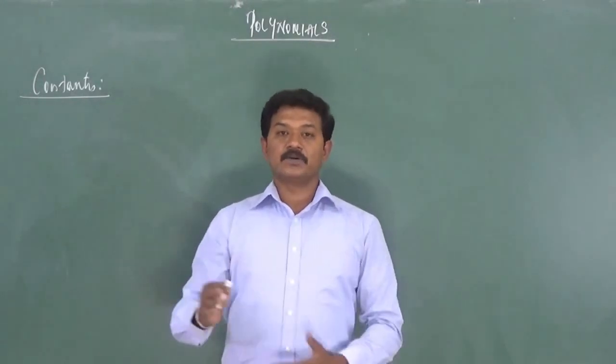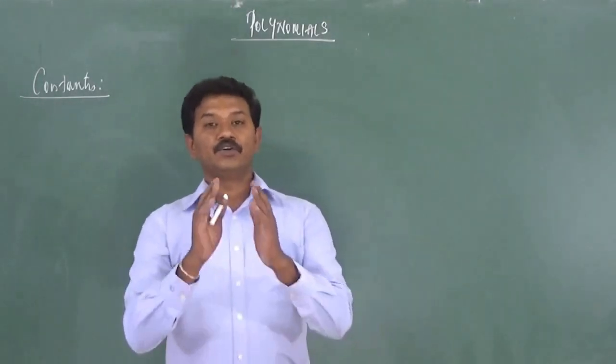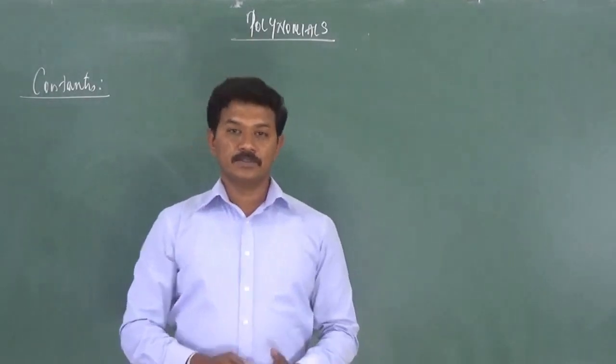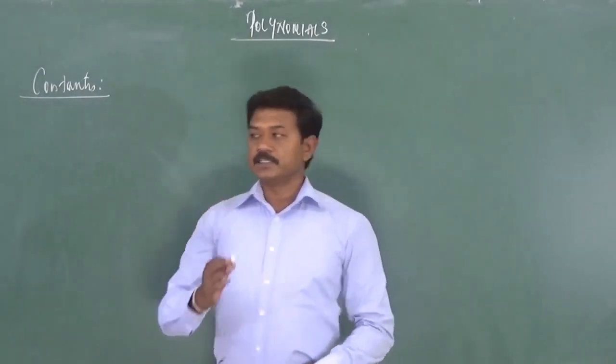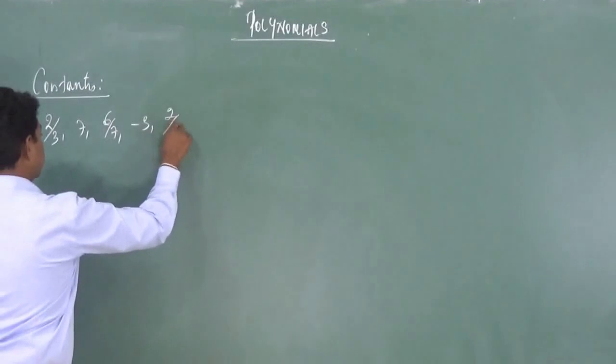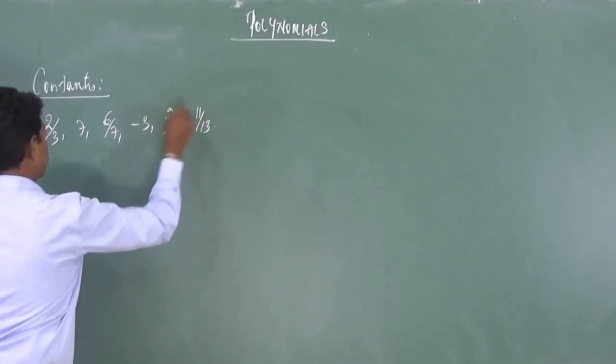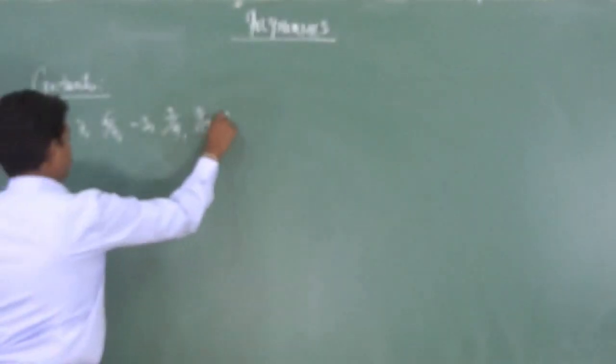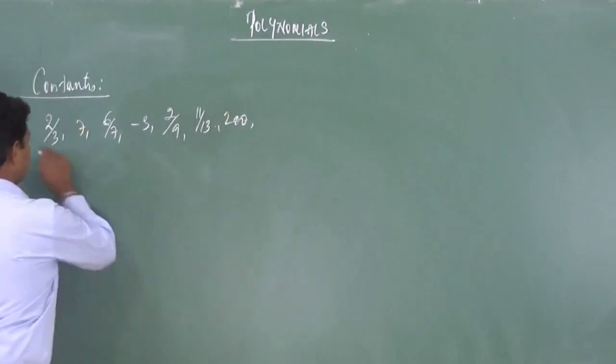All these numbers are called constants because they do not change their values. So what is a constant? 2 by 3, 7, 6 by 7, minus 3, 2 by 9, 11 by 13, and 200. These are all constants.